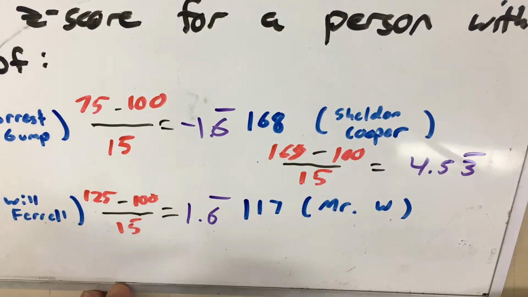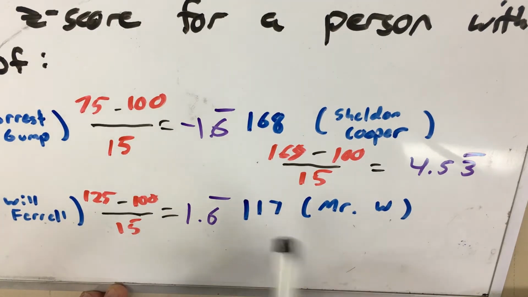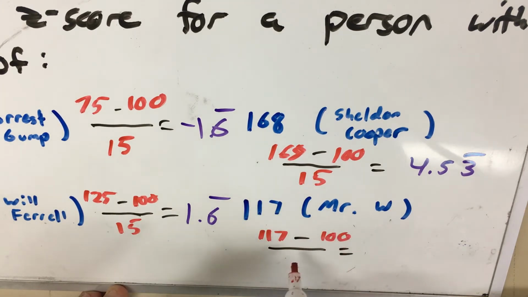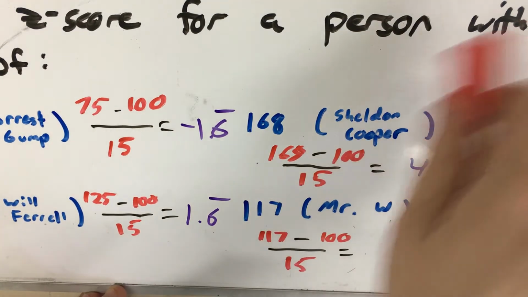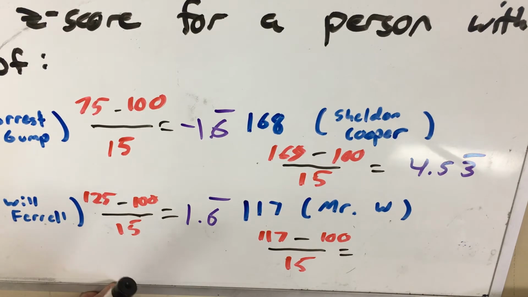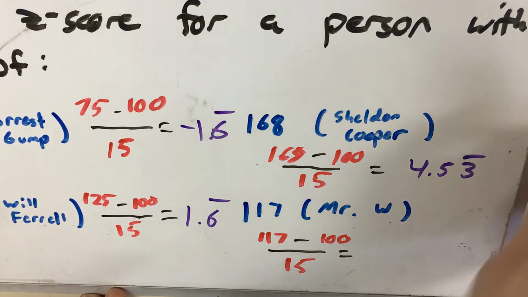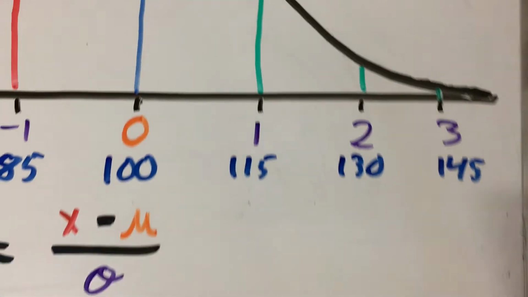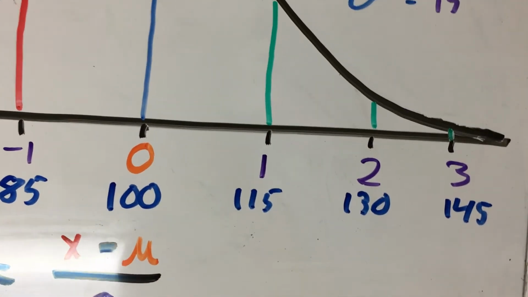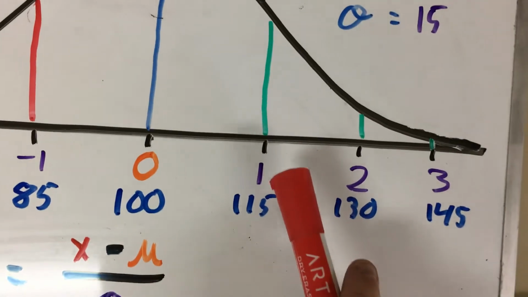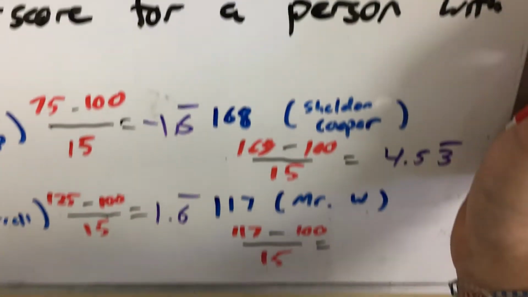And finally, for the world-famous Mr. W, the math teacher, my IQ is 117. So 117 will be my data point. I subtract from that 100 and divide by 15. You might be able to guess, if you have drawn the normal distribution for the IQ scores, that it's going to be right about 1. 117 is really close to 115, so the z-score would probably be really close to 1.